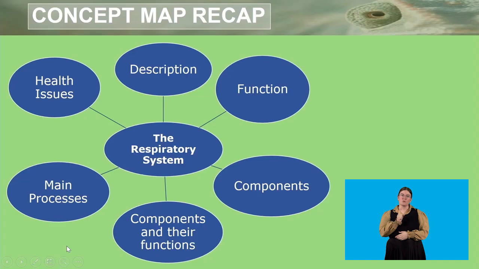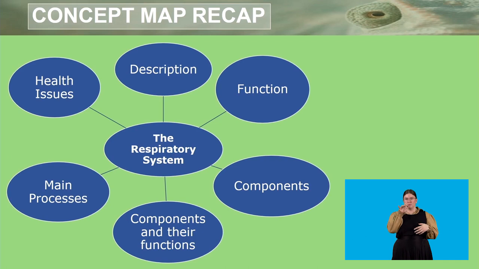Okay, in front of you, you have a concept map where we look at the main concepts that were covered in today's lesson. By now, we are able to provide a description of the respiratory system. We know that it is a system that is made up of organs that allow us to breathe.